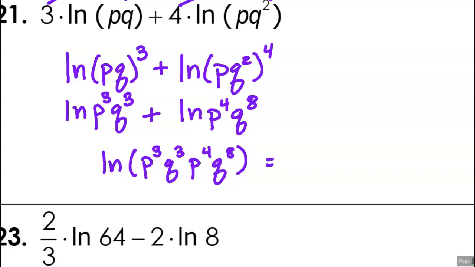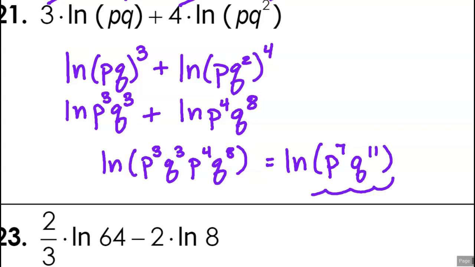So we have a p cubed and a p to the fourth. When we combine those, 3 plus 4 gives us p to the power of 7. And we have a q cubed and a q to the power of 8. When we combine those q's, 3 plus 8 gives us 11. And this is as simplified, or as condensed, as our problem gets.